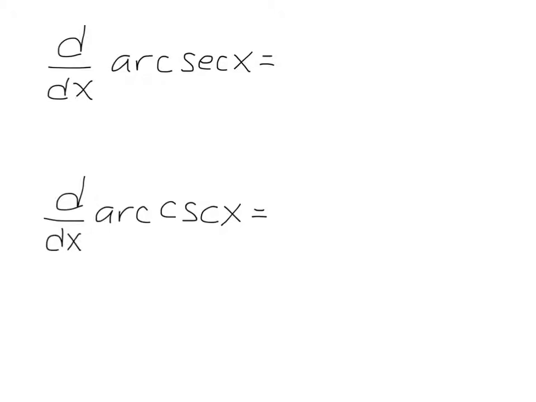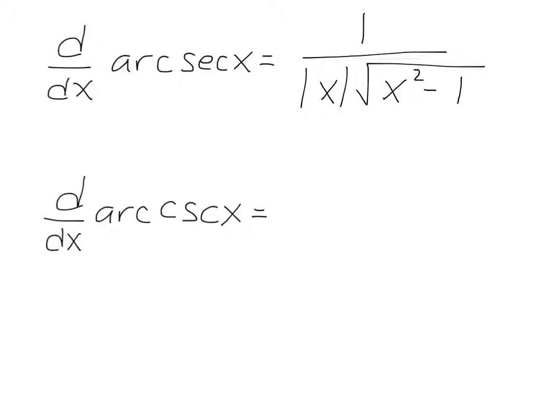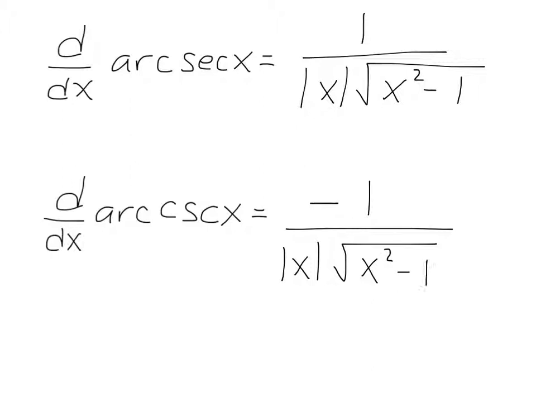Arcsecant and arccosecant, again, are going to be paired up. Arcsecant is going to be 1 over the absolute value of x times the square root of x squared minus 1. And arccosecant will be the same thing, but just negative. So negative 1 over the absolute value of x times the square root of x squared minus 1.